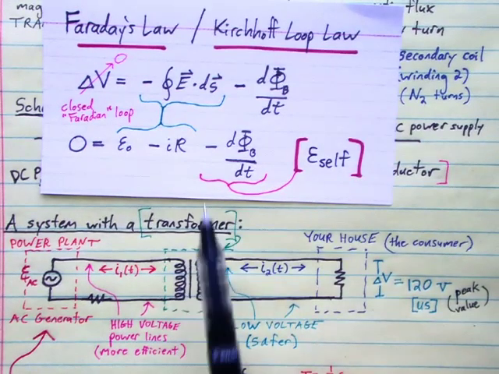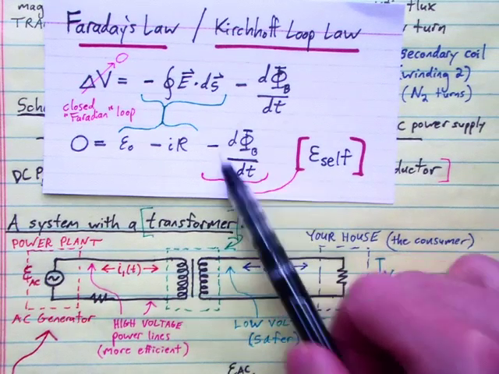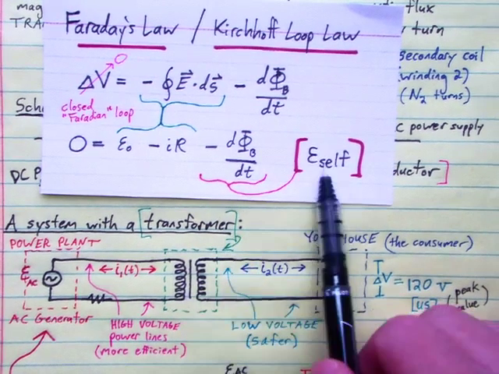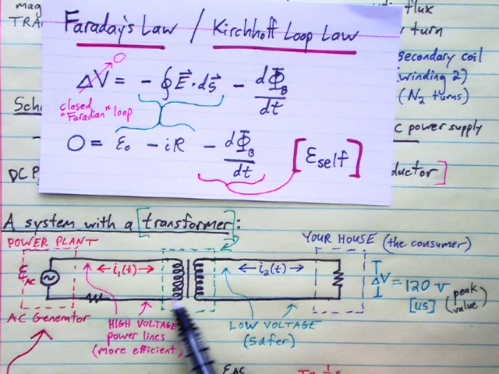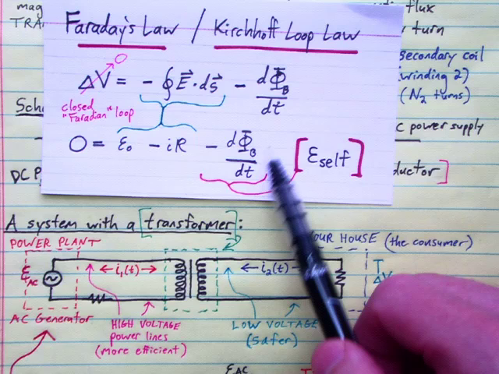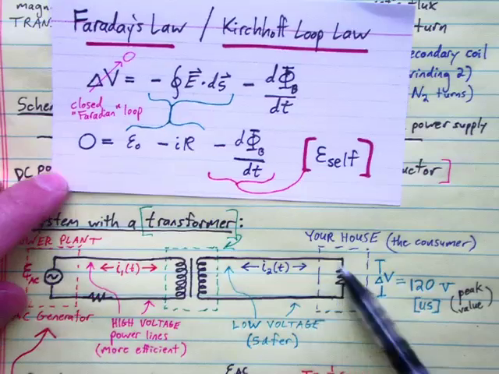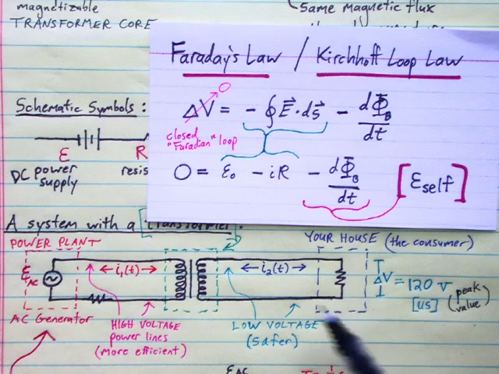So it's a highly variable magnetic field, creating a highly variable magnetic flux in our coil over here, which is going to have a self-induced EMF, a back EMF in this coil due to the alternating current and the rapidly changing magnetic flux.